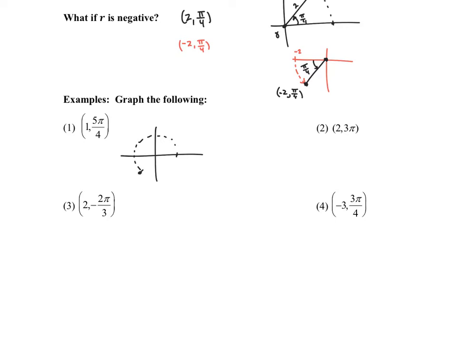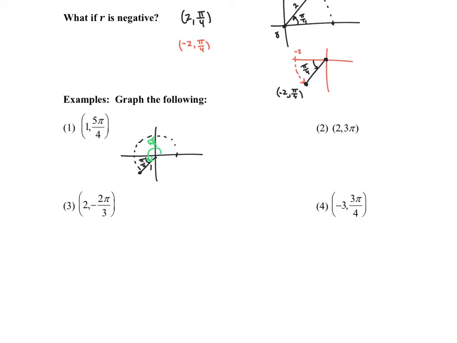That puts me right here. I don't want to talk hypotenuse yet, but I would have this reference angle of pi over 4 here, because this angle of rotation would be 5 pi over 4. That reference angle right there would be pi over 4.